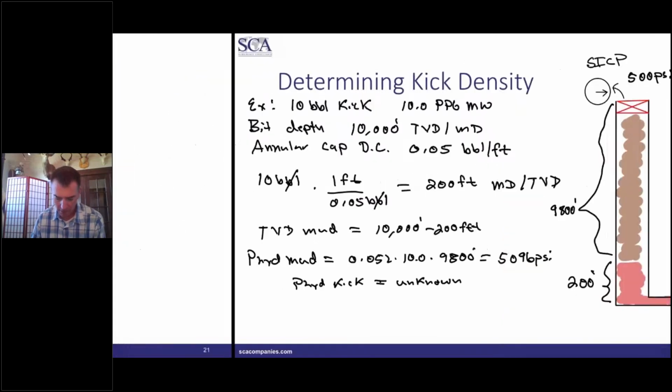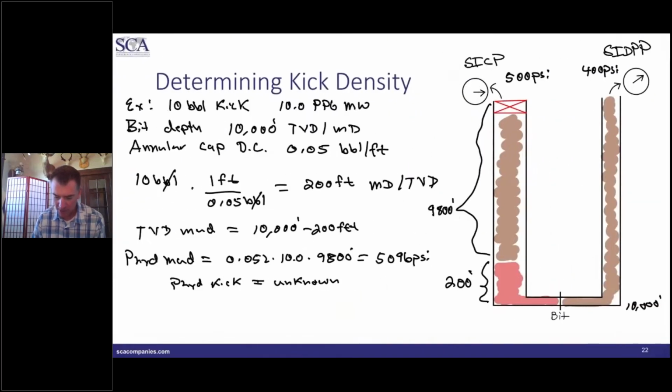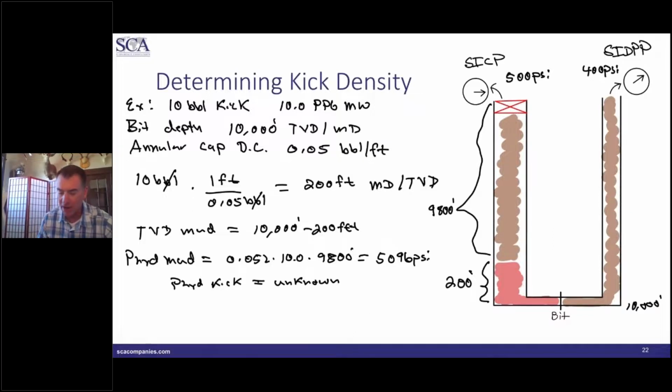I think I'm going to run out of space here. I'll try to make it nice and small and not super cluttered. So from our shut-in drill pipe pressure, that being 400 psi, I'll do this calculation here.